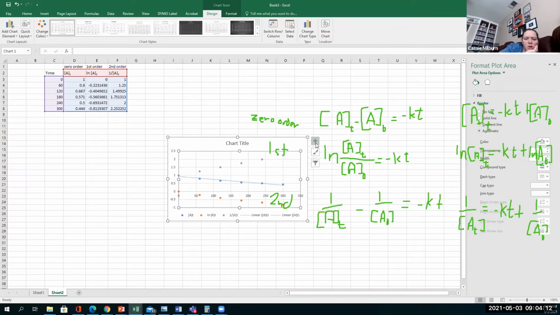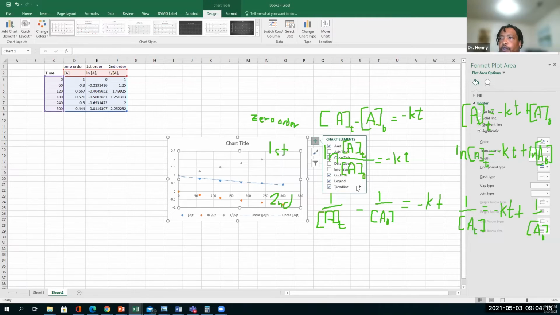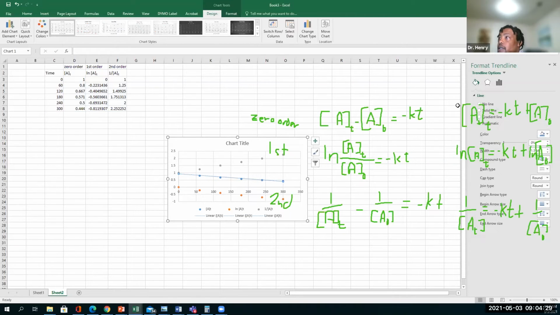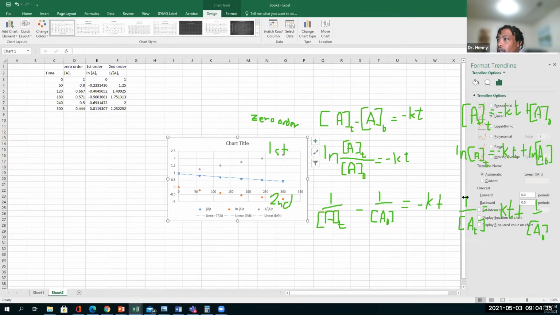Don't you have to pick a plot on the other lines? Yeah, I do. Okay, more options. Okay, there we go. You have to do each one independently though. So I want to display my equation, my R value.